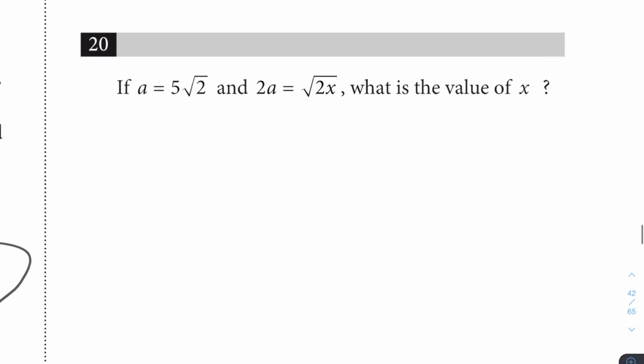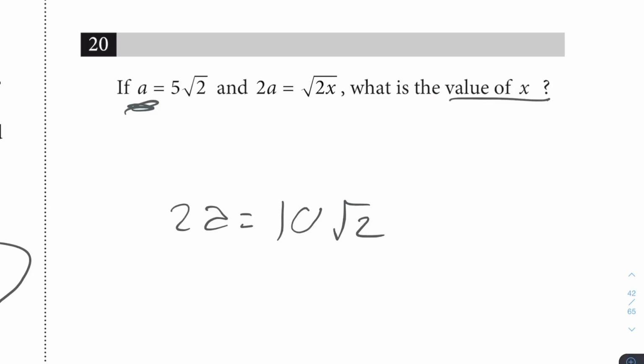Okay, for number 20, it says if a equals 5 root 2 and 2a equals root 2x, what is the value of x? So let's plug in the a here in this equation. So we'll get 2a equals 10 root 2, which means 10 root 2 is equal to root 2x.